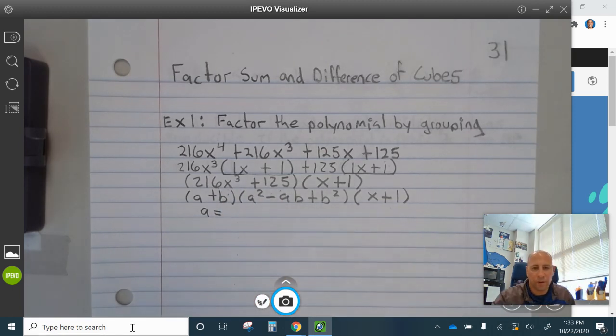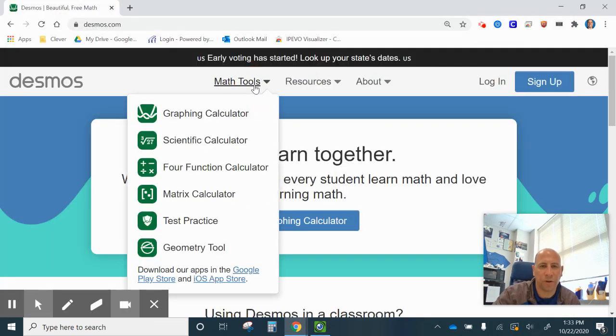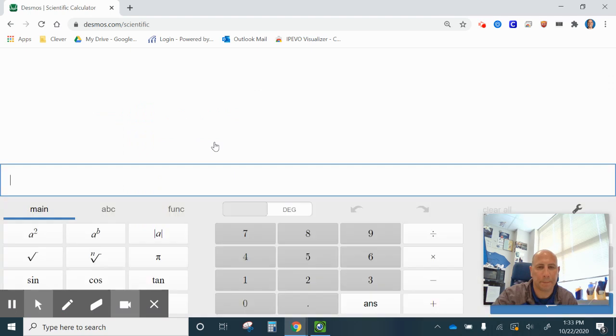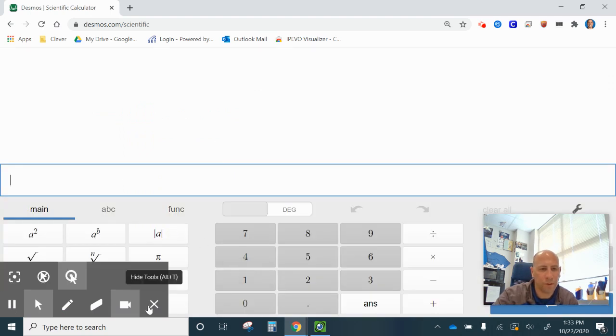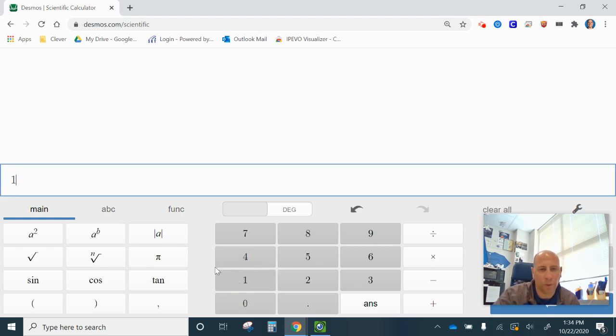To do that, we're going to use Desmos, and I'm going to use the scientific calculator. So we're going to do 1 cubed. That button gives us the cubed. Press enter. That's not 216, so let's do 2 cubed. We're going to keep going till we get 216.